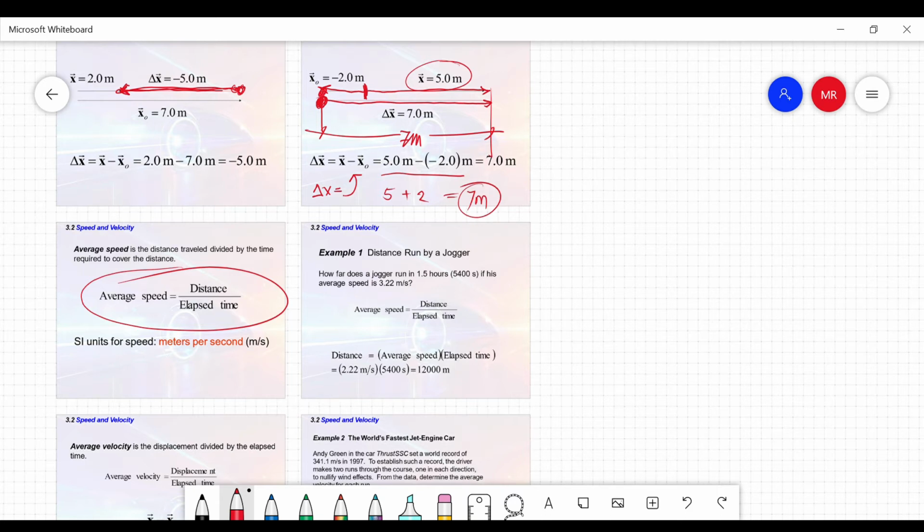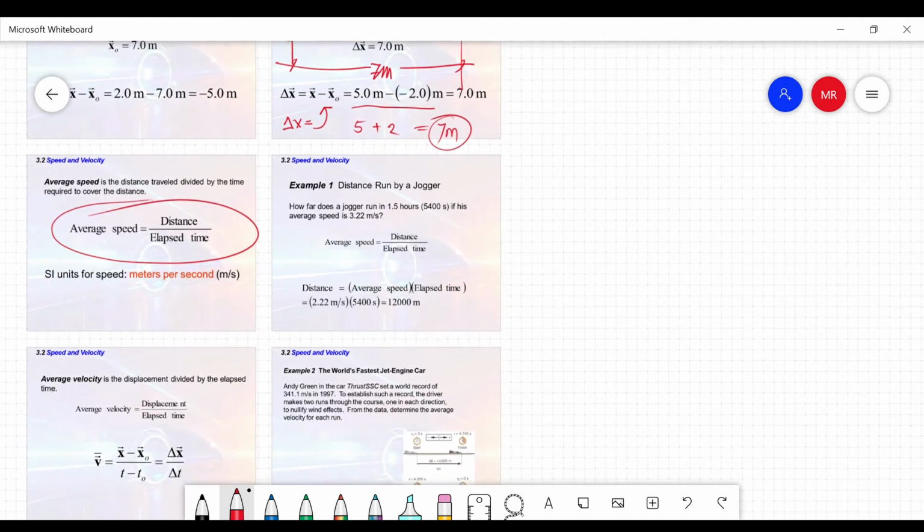So like for example, in this problem, the distance being run by a jogger. So we are asked how far does a jogger run in 1.5 hours or 5,400 seconds if his average speed is 3.22 meters per second. Okay, so if we are to ask for the average speed, sabi natin, speed is distance over time.